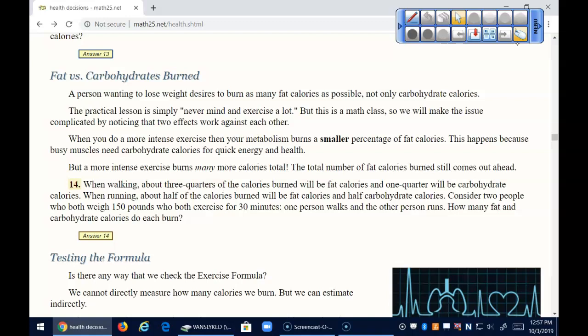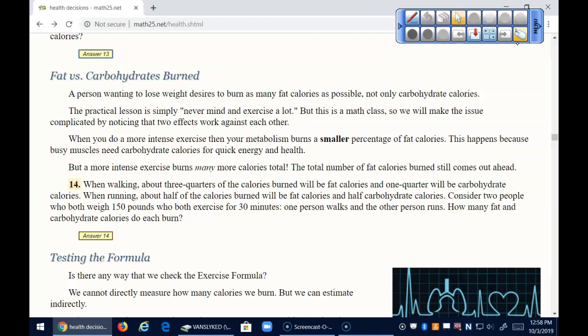On the other hand, if you're exercising harder, you're just burning more calories. And that actually turns out to be more important. So when walking, about 3/4 of the calories burned are fat calories, and only 1/4 are carb calories. But when you're running, it turns into about half and half. You need more carbs to keep going at that pace.